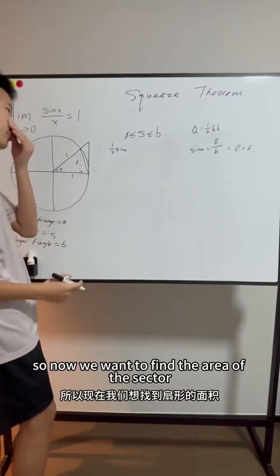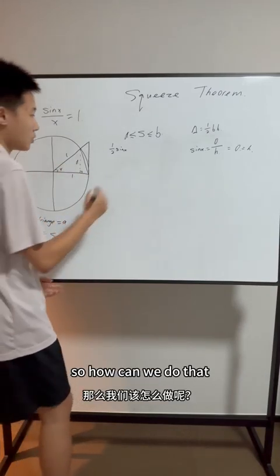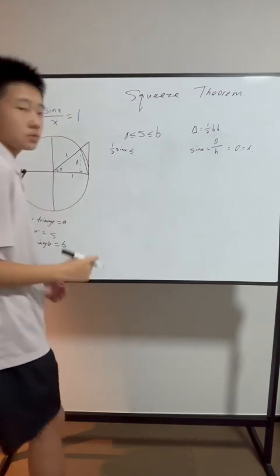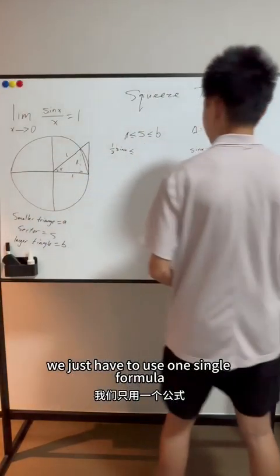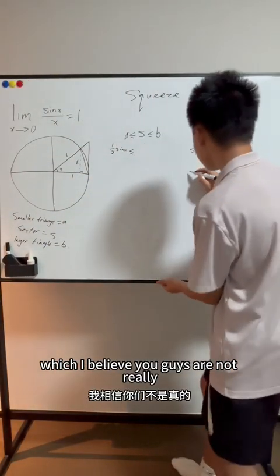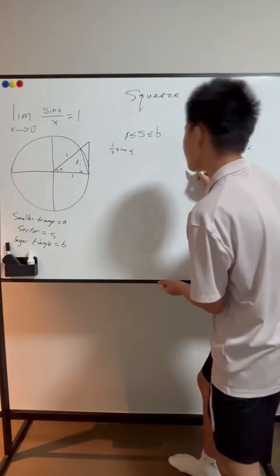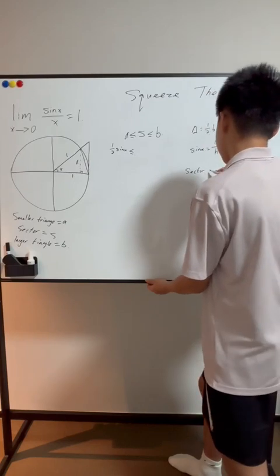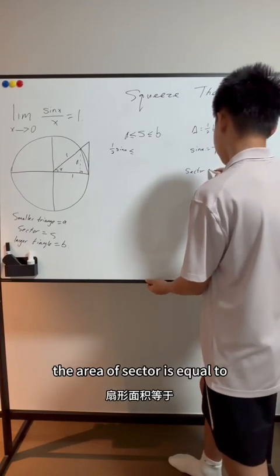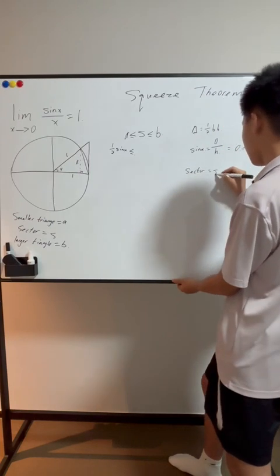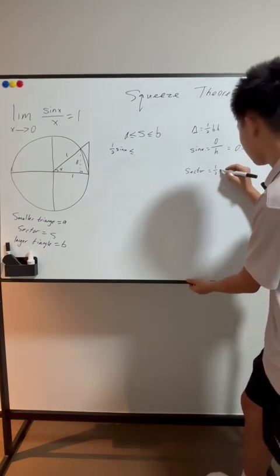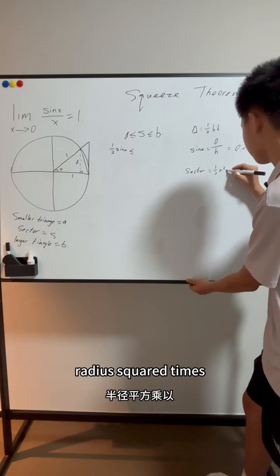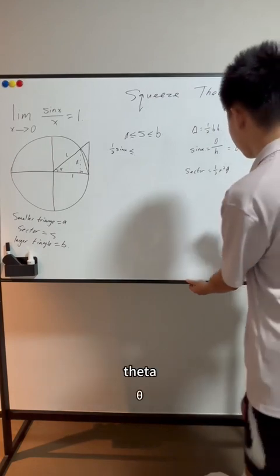So now we want to find the area of the sector. How can we do that? We just have to use one single formula, which I believe you are really familiar with: the area of a sector is equal to 1 over 2 times radius squared times theta.